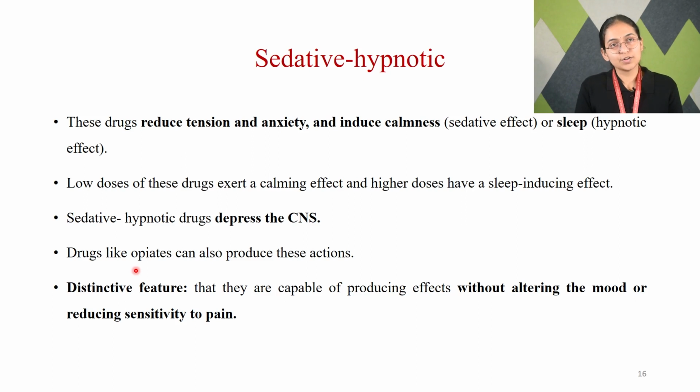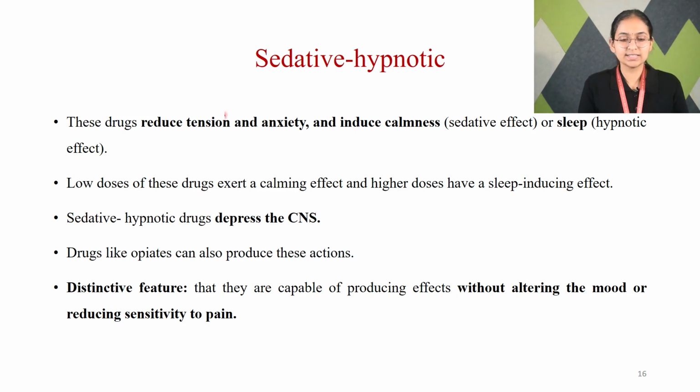So this was about the first category that we have seen, the anesthetics. Now we are moving to the second category, that is the sedatives and the hypnotics. In this, the most important thing is we can differentiate between sedatives and the hypnotics based upon their action and their dose.